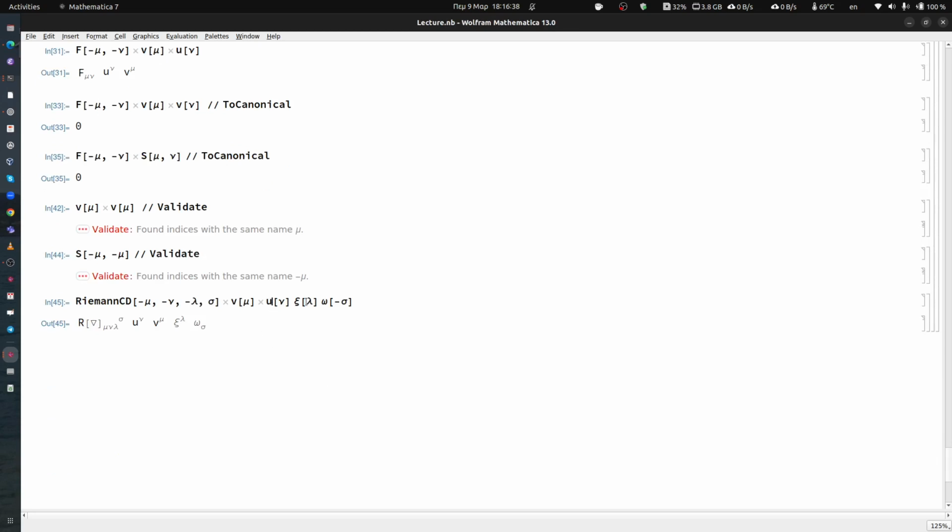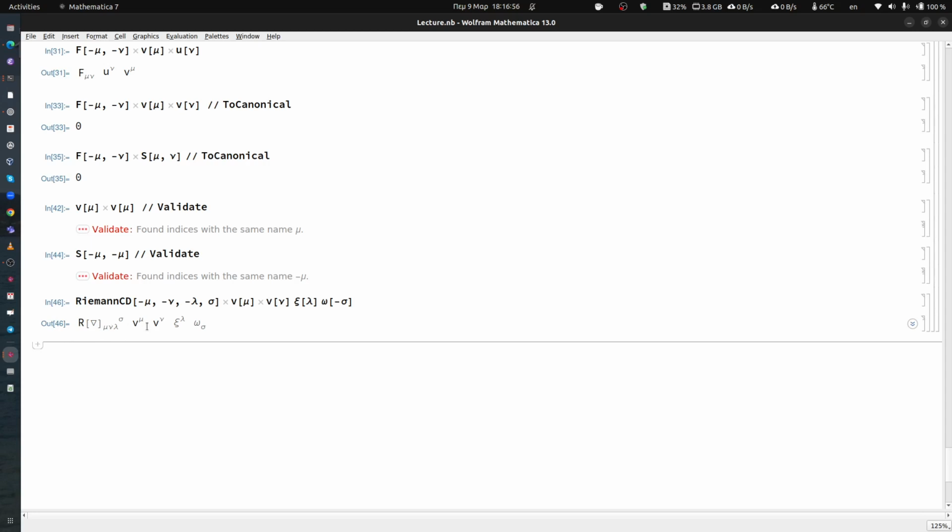I could have put here the same vector v, and that is perfectly fine. Now you remember that the Riemann tensor is anti-symmetric with respect to the exchange of its first 2 indices.